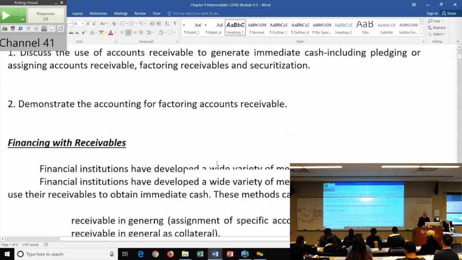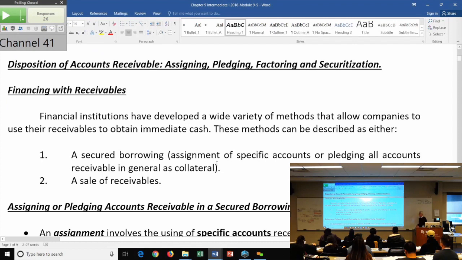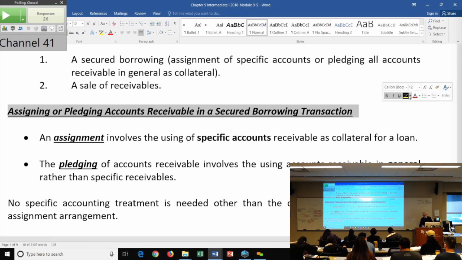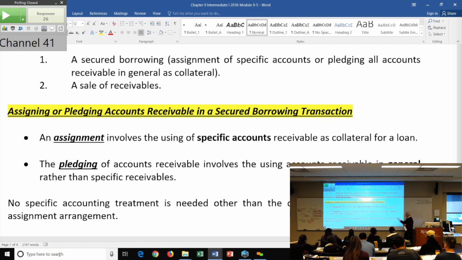So when you finance with the receivables, you can have a secured borrowing where you use the receivables as collateral, or you could sell the receivables. The two ways to use receivables in borrowing is either to assign specific accounts as collateral or pledge all of your receivables.